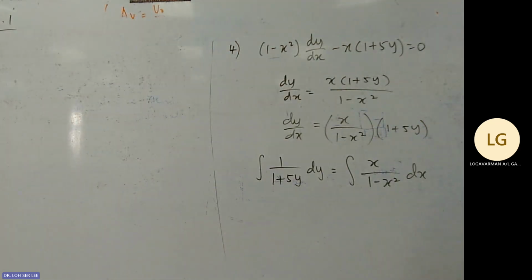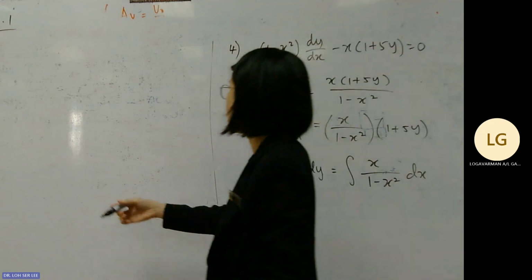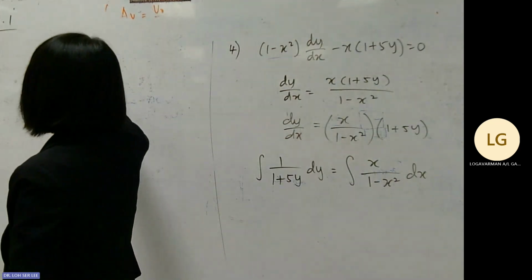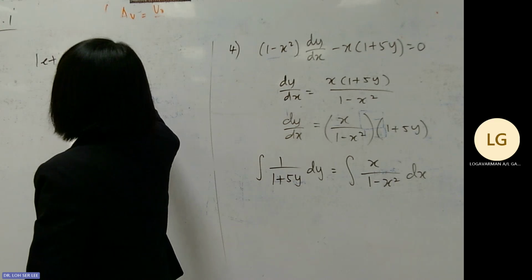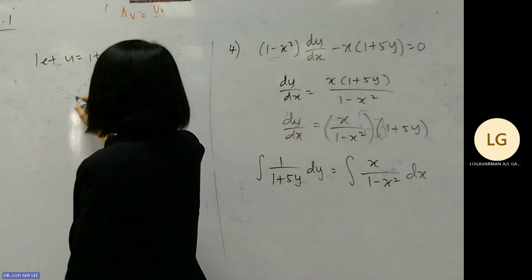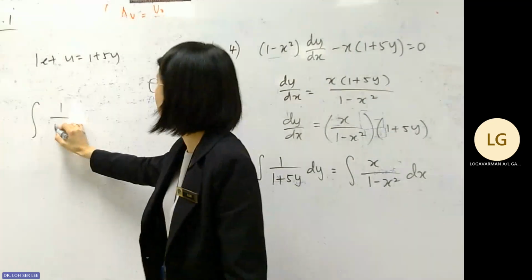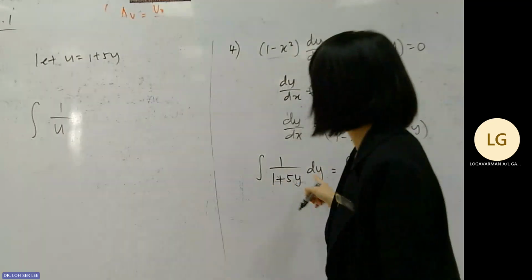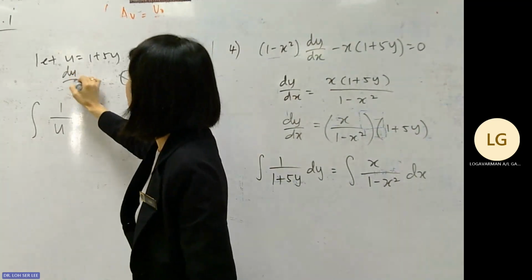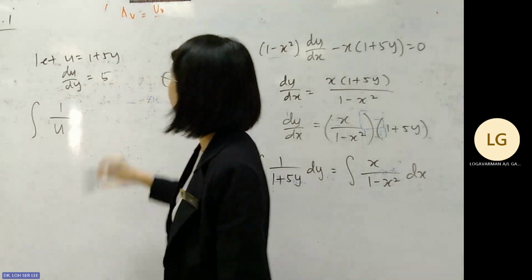Other than substitution, if you use substitution, you let u be 1 plus 5y. Then you are integrating 1 over u, and we do not want dy. We find du/dy, where you get 5.